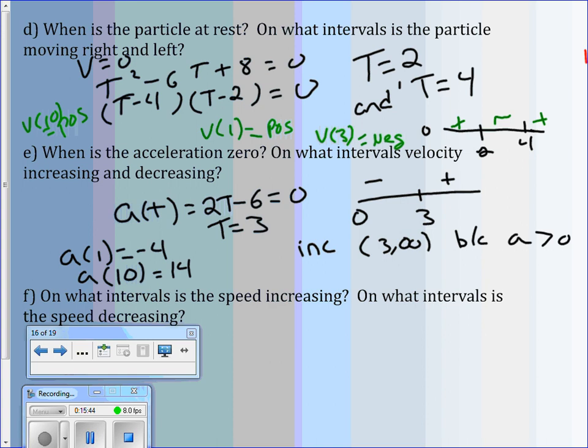When is the velocity decreasing? Well, the acceleration is negative. That's from 0 to 3 because the acceleration is less than 0.